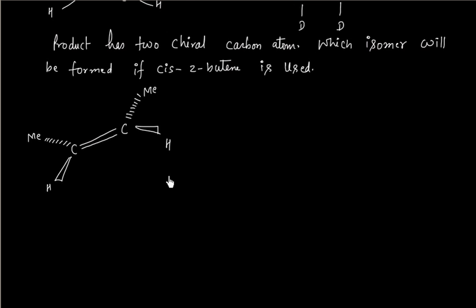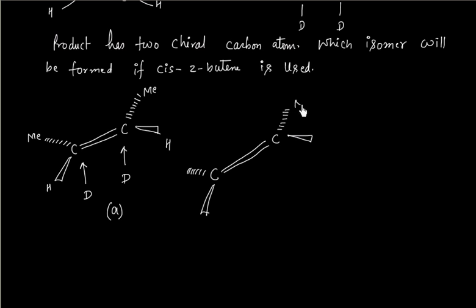Now we have two possibilities for deuterium. Both deuterium can add from the bottom face. So one deuterium from here, another deuterium from here. Let us say this is option A. Another option we have is that both deuterium are added from the top face.